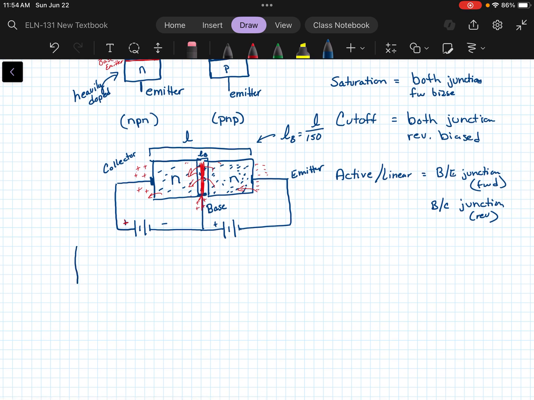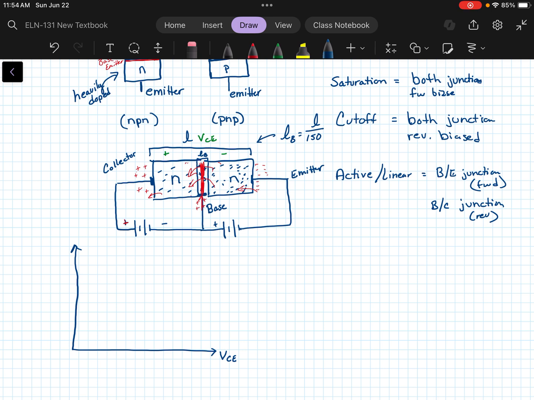So we have this graph. We're going to look at the output, or the operation, of that transistor. And typically we look at it in terms of the voltage drop from the collector to the emitter, which we would see from here, VCE, the voltage difference there.